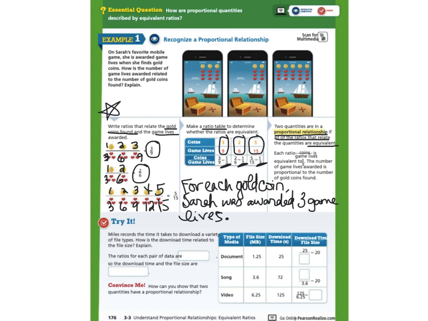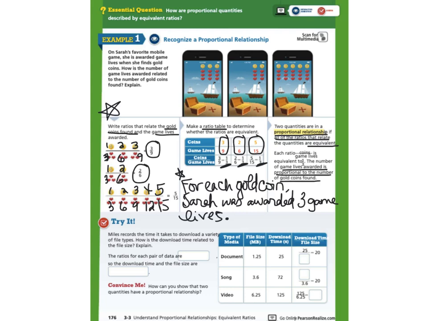Since each ratio of coins to game lives is equivalent to the ratio 1 to 3, the number of game lives awarded is proportional to the number of gold coins found. In other words, for each gold coin, Sarah was awarded 3 of those game lives.